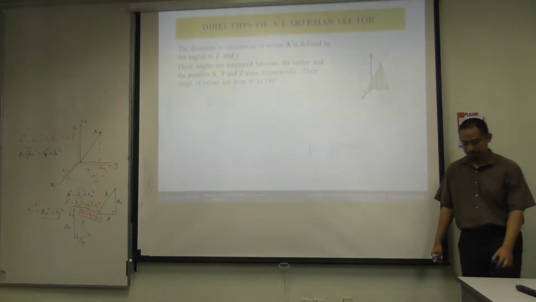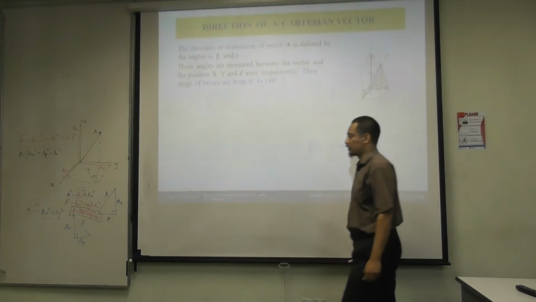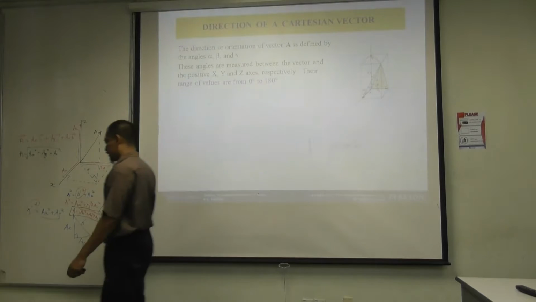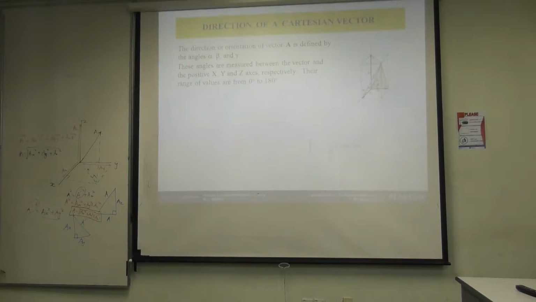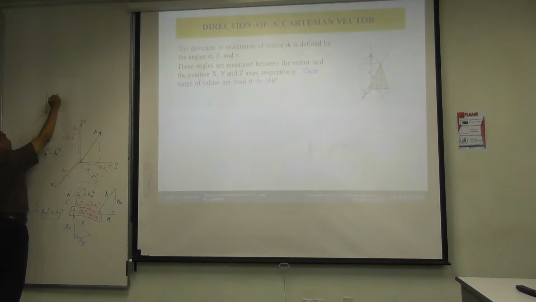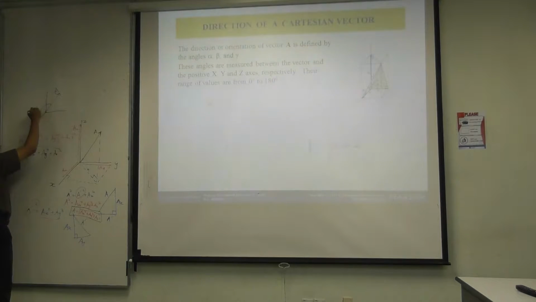Now, the angle can also be expressed in a different format or different way, because here it's basically a projected angle, right? You also have a different format of presenting the angle, where, for example, if you have vector A and then you have angles here, which are alpha, beta, and gamma.